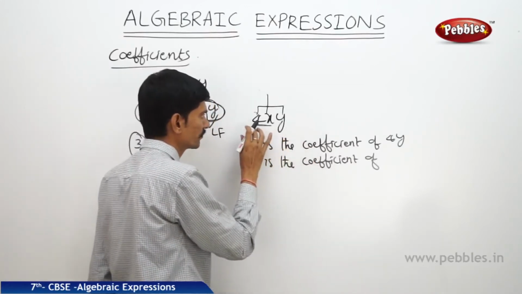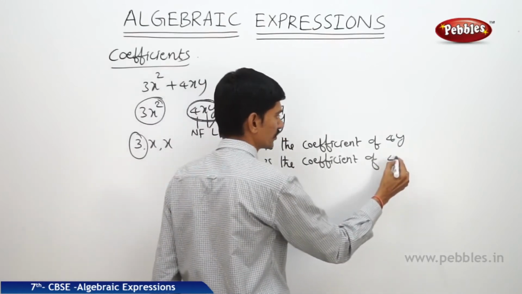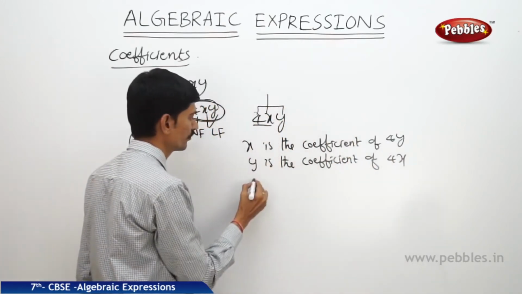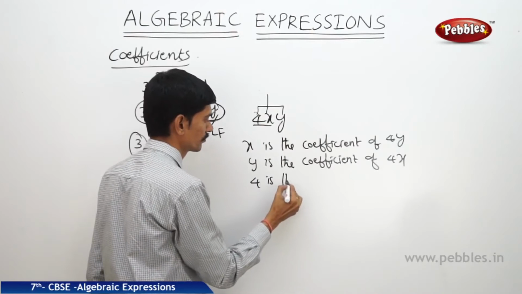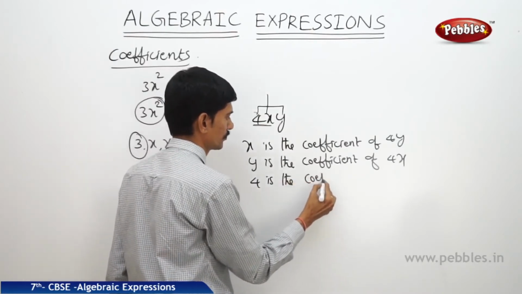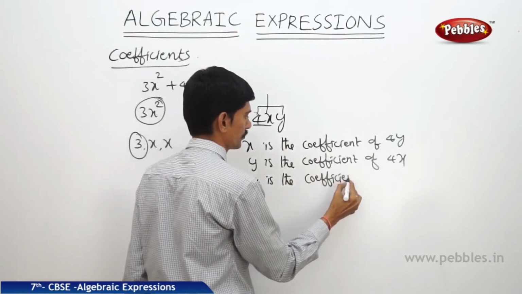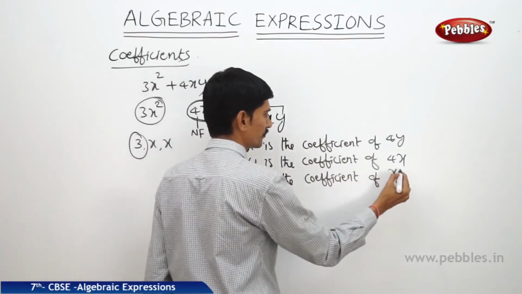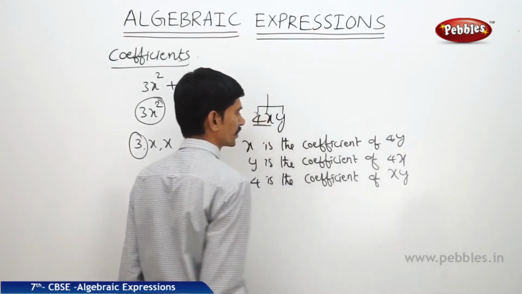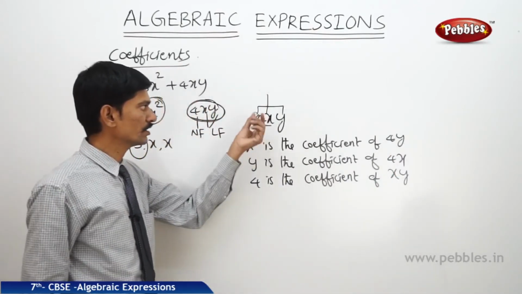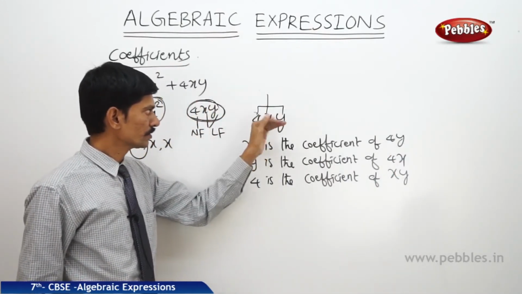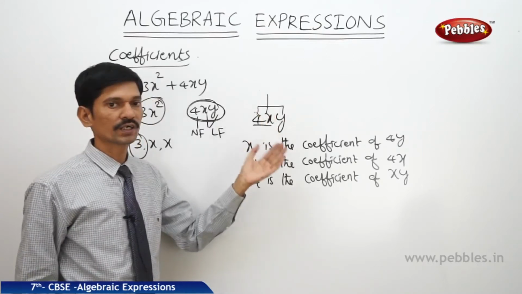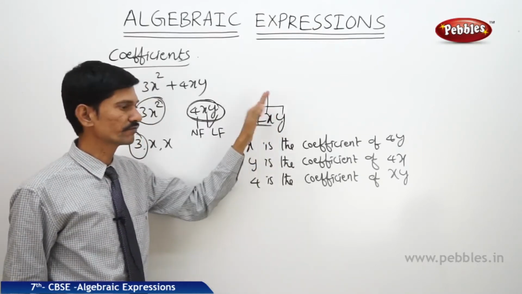The remaining terms are 4 and x, so 4x, and 4 is the coefficient of xy, the product of the remaining factors. So here each variable or each factor is said to be the coefficient of the remaining product of the factors.